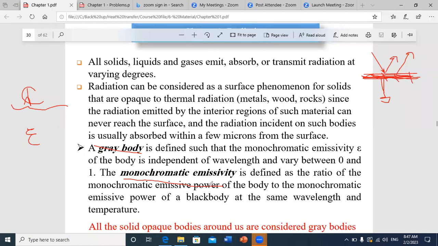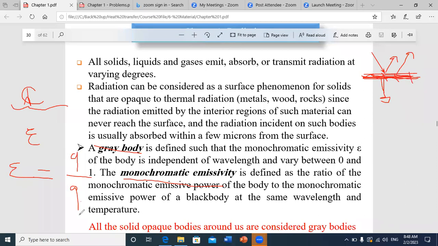And this monochromatic emissivity is defined as the ratio of the monochromatic emissive power of the body to the monochromatic emissive power of a black body at the same wavelength and temperature. What do we mean by this? We mean that epsilon is defined as the ratio of radiation emitted by the gray body over the radiation emitted by the black body.